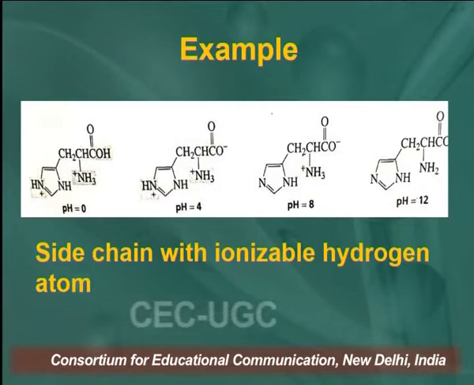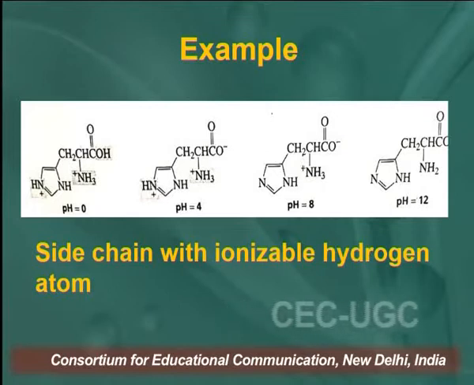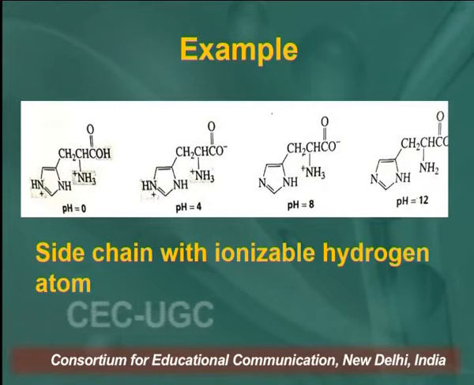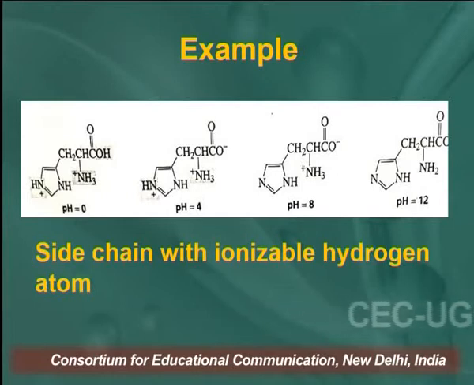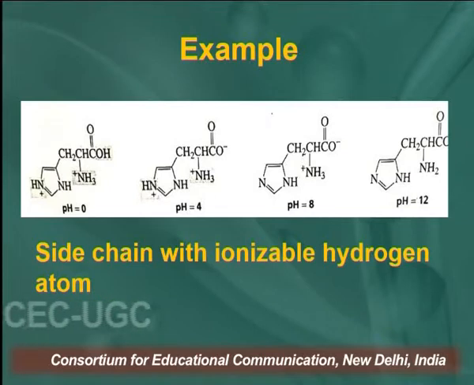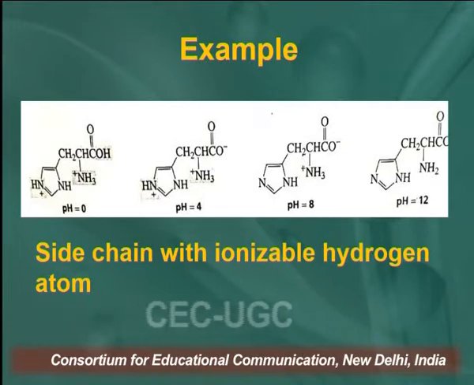At pH 8, again the side chain has both positive and negative charge, but at a very high pH only COO minus has the negative charge. So deprotonation takes place when the pH of the solution goes above 10.